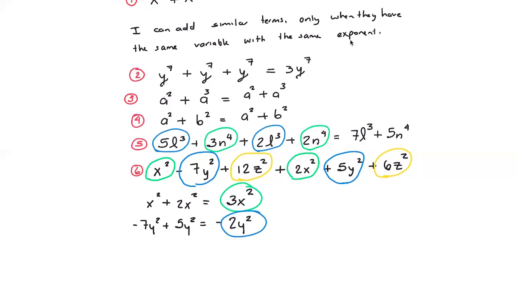You subtract and keep the sign of the biggest whenever you have an addition of one negative and one positive. And then of the yellow ones, you have 12z to the second plus 6z to the second. That is going to make 18z to the second.